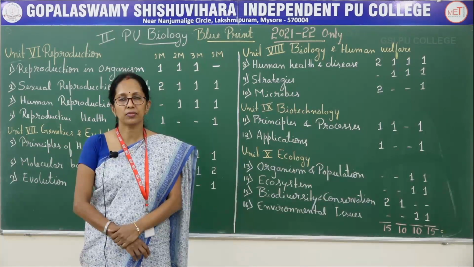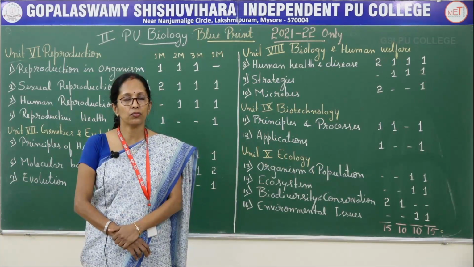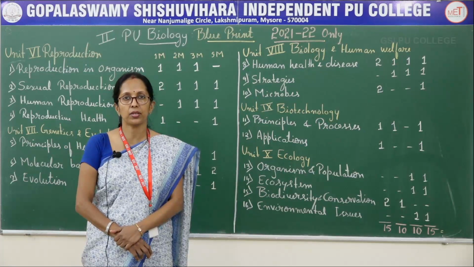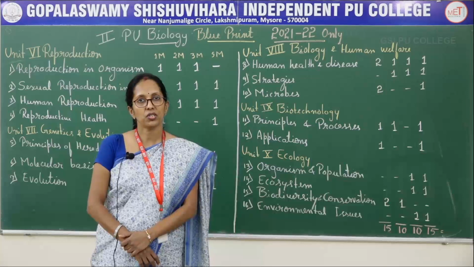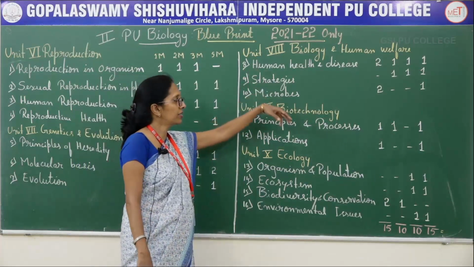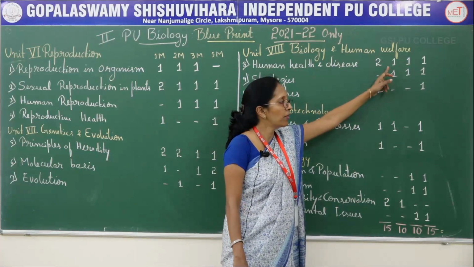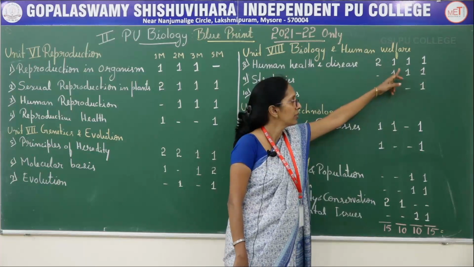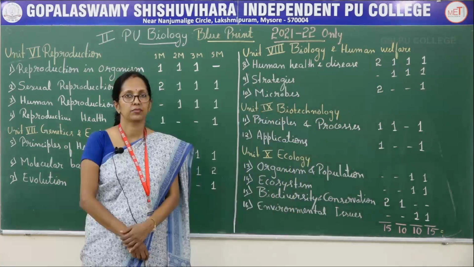So these are some of the drugs, and what are the effects of these drugs, that is also very important. Effects of alcohol and prevention and control. So in this chapter you will get 1-mark questions 2, 2-mark question 1, 3-mark 1, 5 marks also 1.